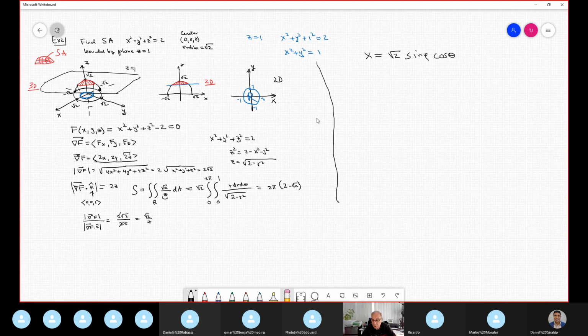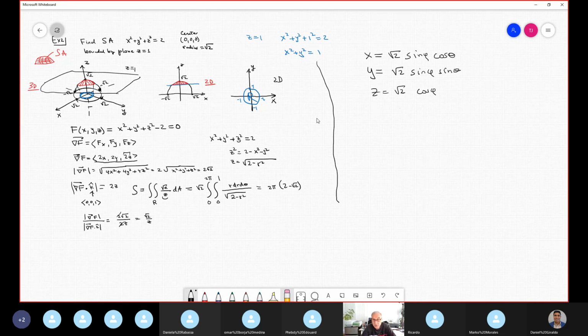This is the formula for the conversion from spherical coordinates to Cartesian x, y, z. You don't need to memorize this. When you practice a lot, you memorize maybe. y is radical 2 sine phi sine theta and z is equal to radical 2 cosine phi.